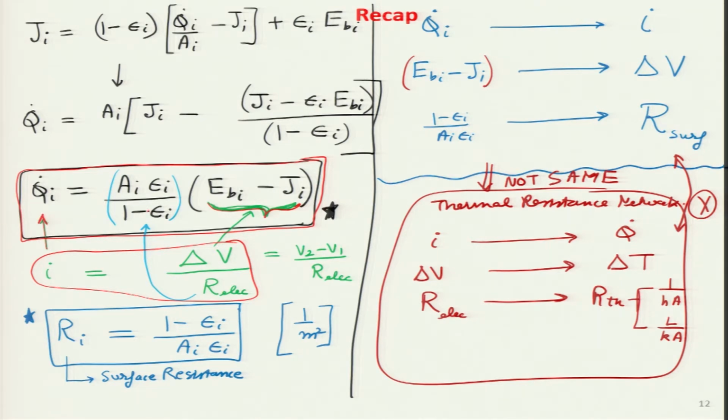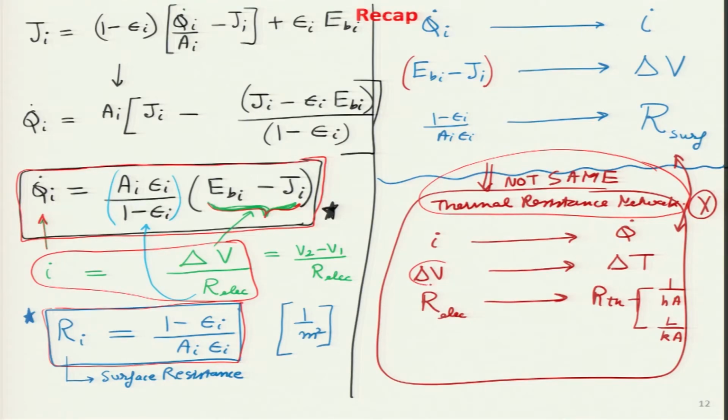So, what remained over here is resistance, and that we defined as the surface resistance, because this is defined for surface i. And I cautioned the students that please remember that what we have studied in the chapter related to conduction and convection, where we looked at the thermal resistance network, there also we made an analogy with electrical resistance, but in that thermal resistance network the driving force was temperature.